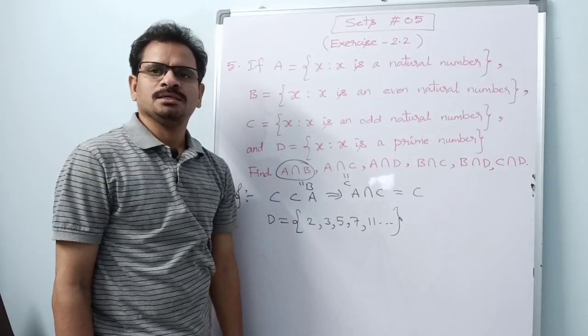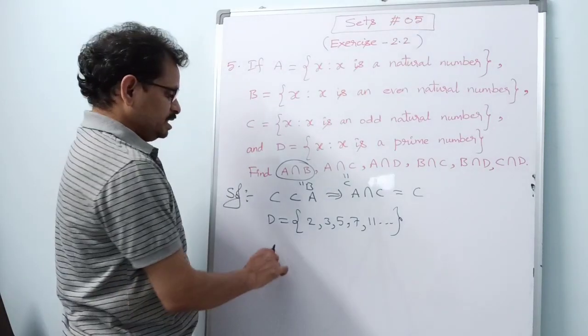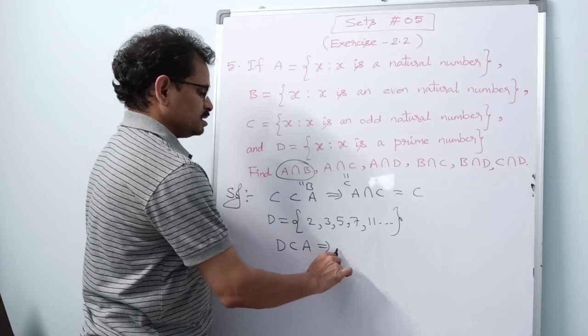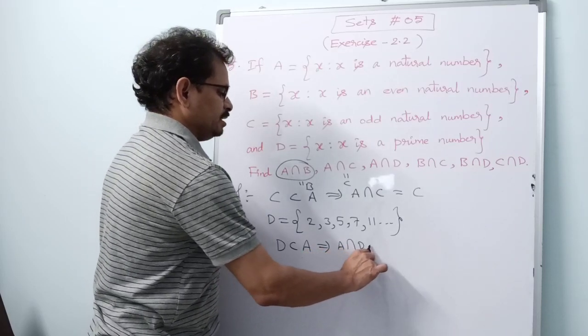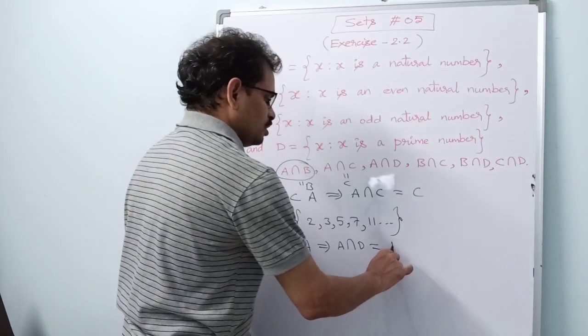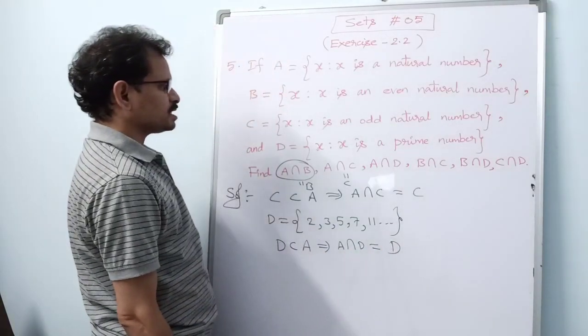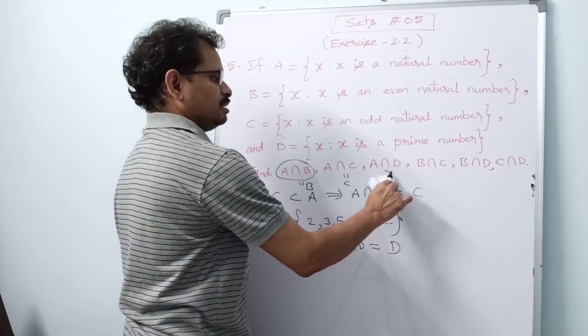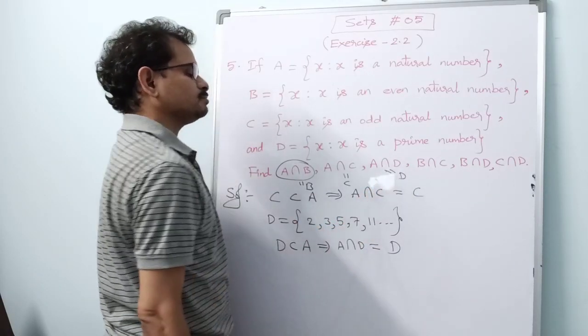So D is a subset of A. This implies A intersection D equals what from our previous knowledge? A intersection D equals D only. So the answer is A intersection D is nothing but D only.